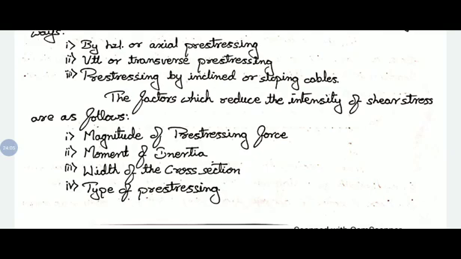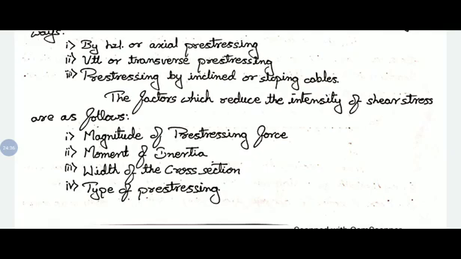So what are the factors which reduce the intensity of shear stress? The factors which affect the shear stresses, or which can reduce the shear stress in PSC members, are how much pre-stressing force we are applying to the beam, that is the magnitude of pre-stressing force, then the moment of inertia of the section, the width of the cross section, and the type of pre-stressing, whether it is a pre-tensioned member or a post-tensioned member.